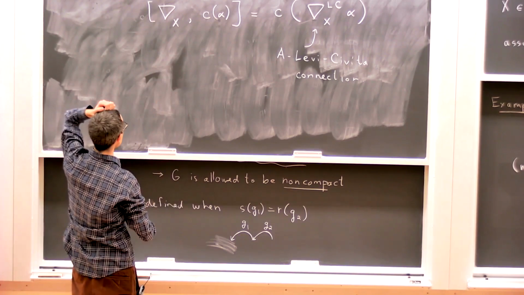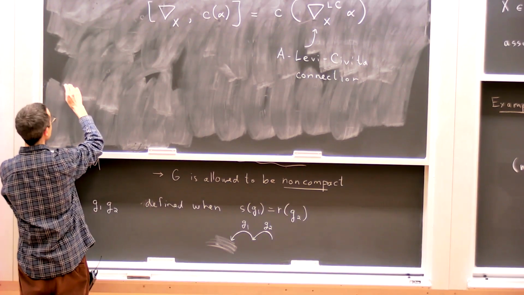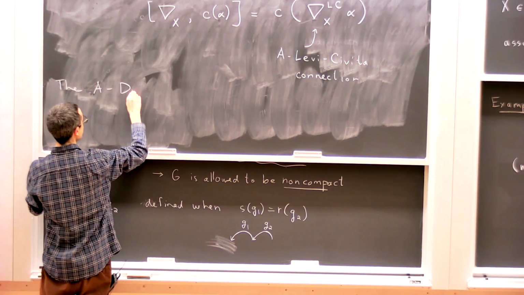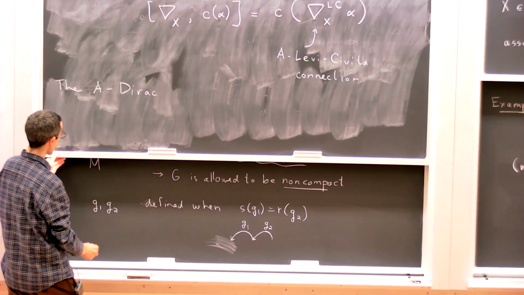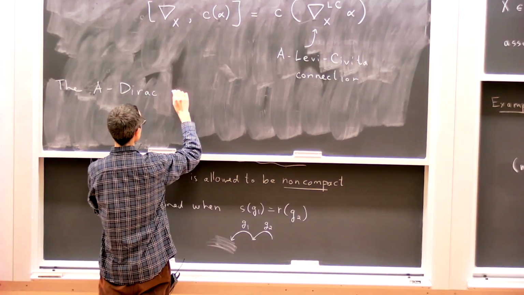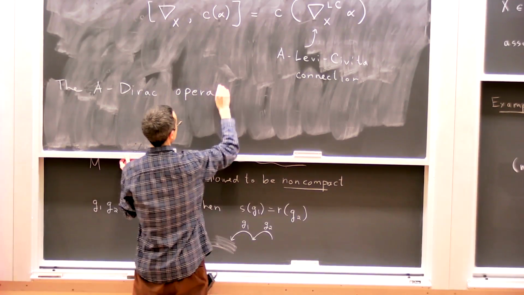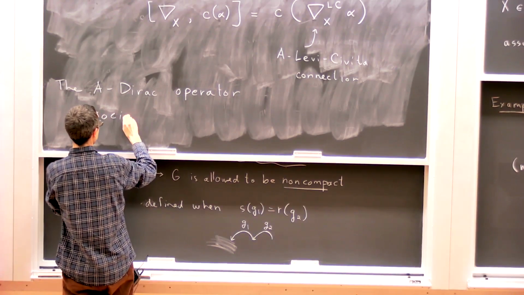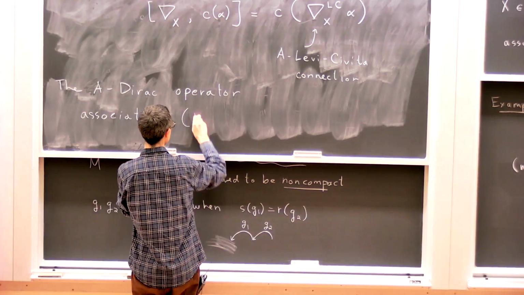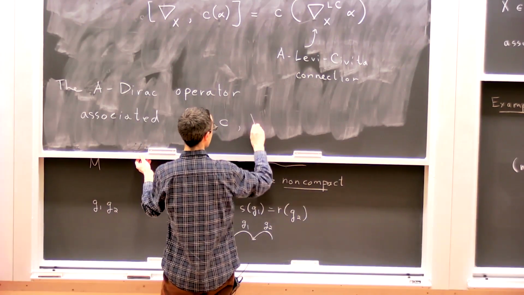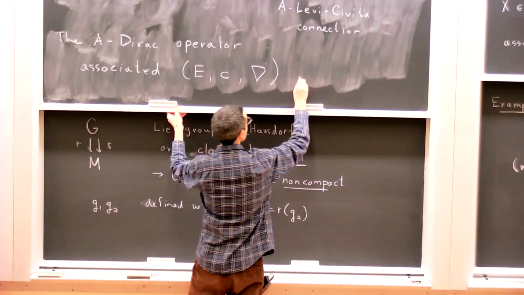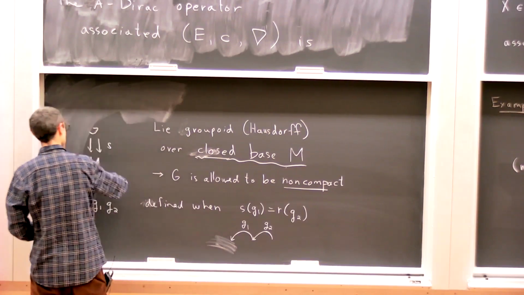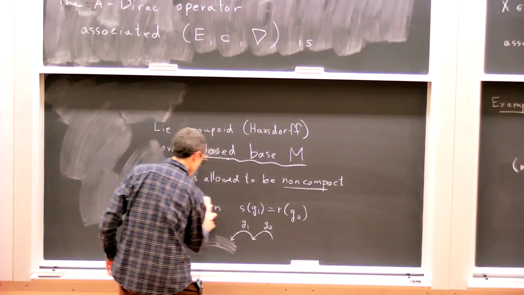Once you have this structure, we can define a Dirac operator, or maybe I'll call it the A Dirac operator, since it's not quite the ordinary notion of Dirac operator. The A Dirac operator associated to this data, E, its Clifford action, and this connection, is given by the usual composition.